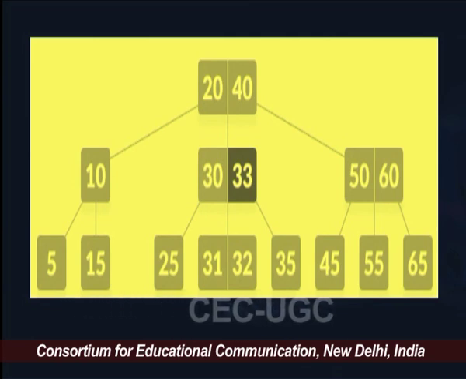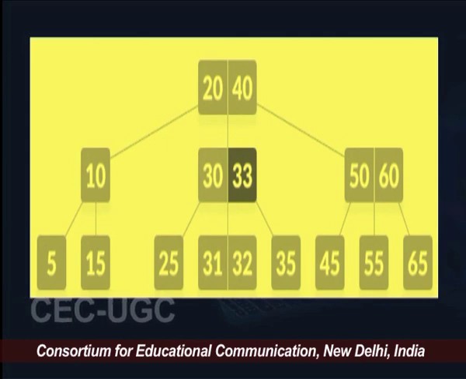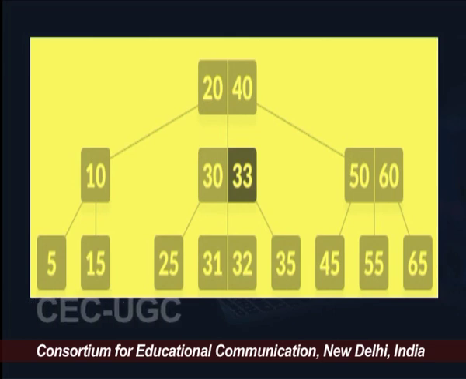This is perfectly fine to have only one key as far as the order of this tree is concerned. Here m is equal to 3, but one key in a node cannot have 3 children, because here are 3 children: 25 is one, then a node with 31 and 32, and then a node with 35.